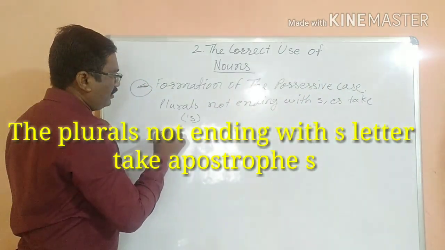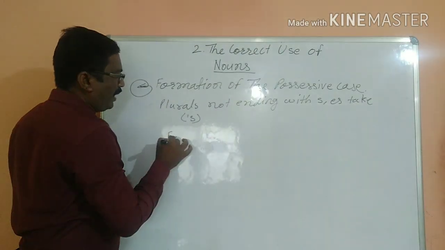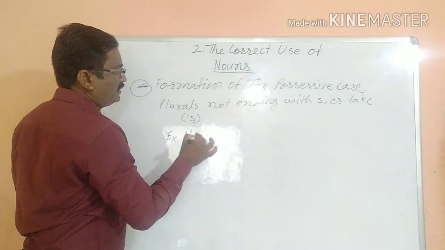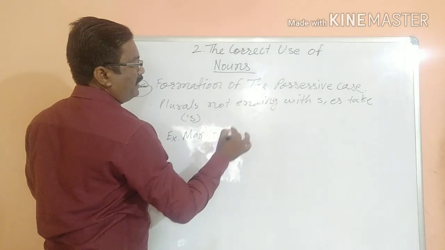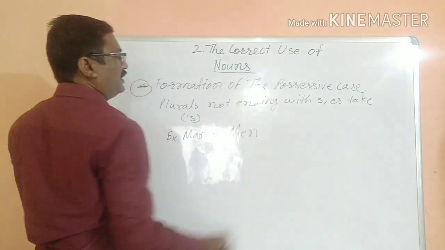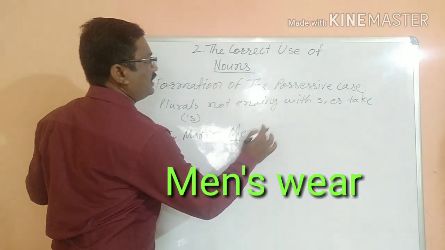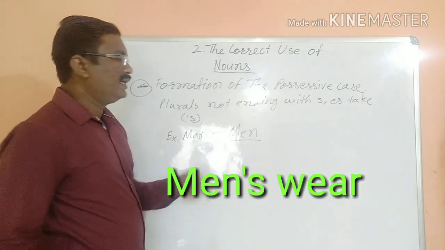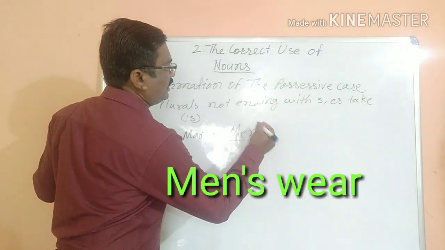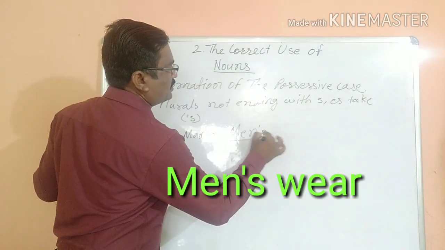For example, the plural of man. What is the plural of man? That is men. Here men is not ending with s, so we can say men's wear.